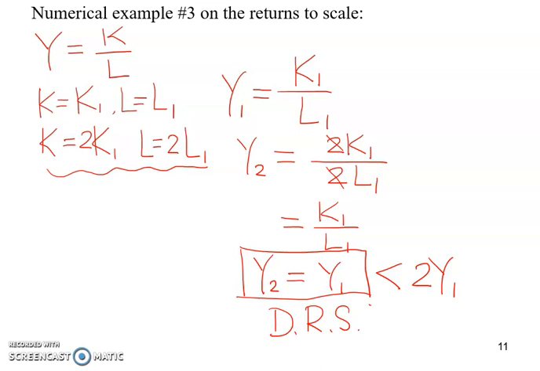Now two more things I want to mention here. Number one, you notice that every time we change the amount of capital and labor, we always double them. If you want to triple them, or go with any other percentage change, that's totally fine. If you want to make the math more challenging, like a 50% increase or a 125% increase, that's fine.